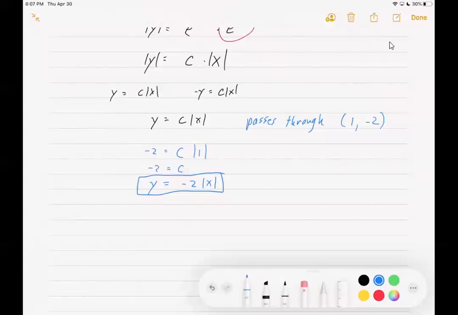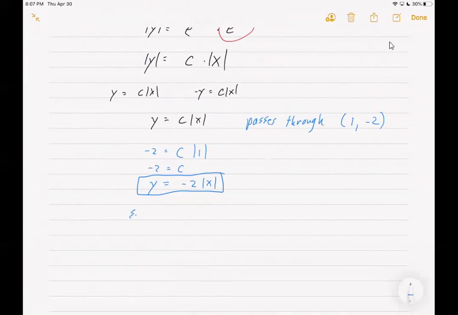Let's switch that around. Let's find the solution that passes through negative 1, 2.